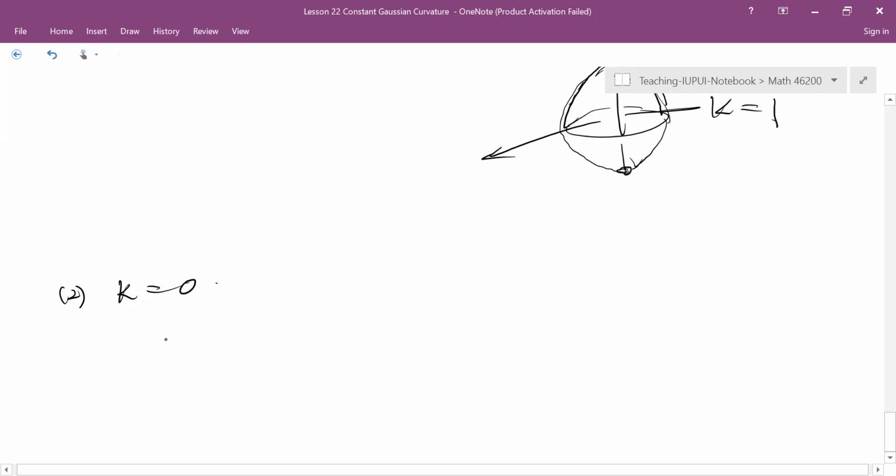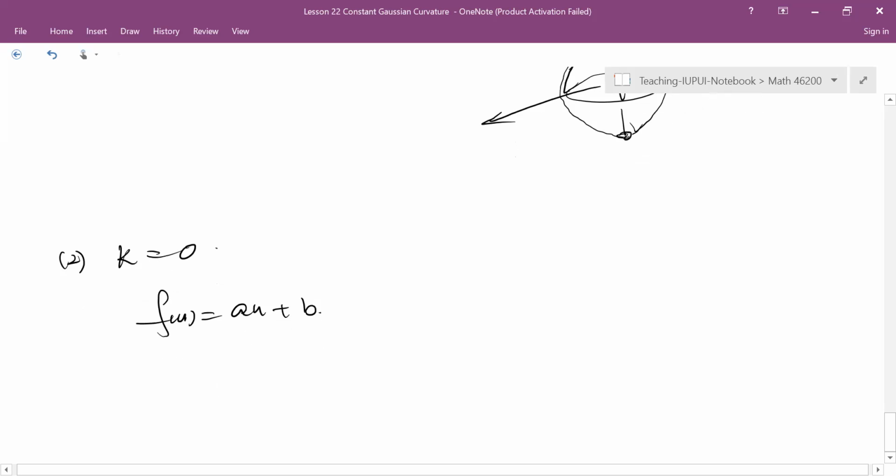Right. Now, remember f of u is going to be a constant, au plus b. In this case, I have to assume that since f prime u square plus g prime u square is going to be 1, right?